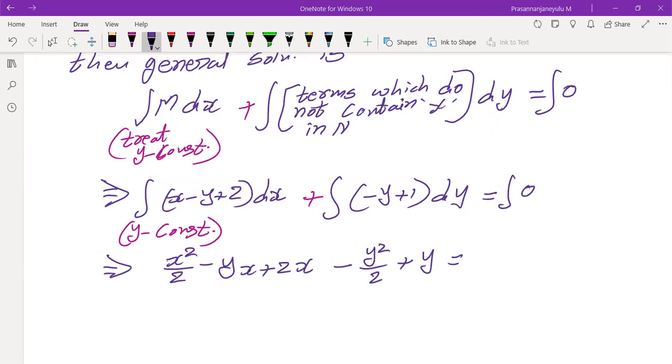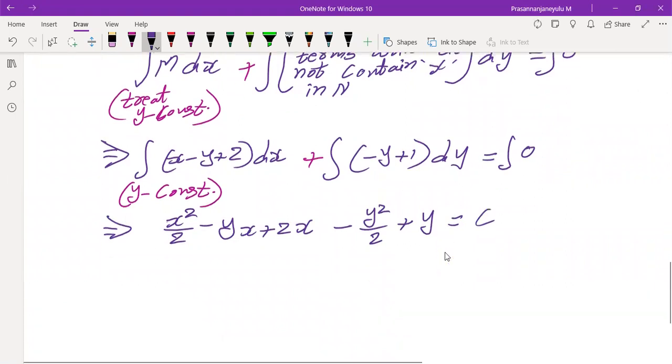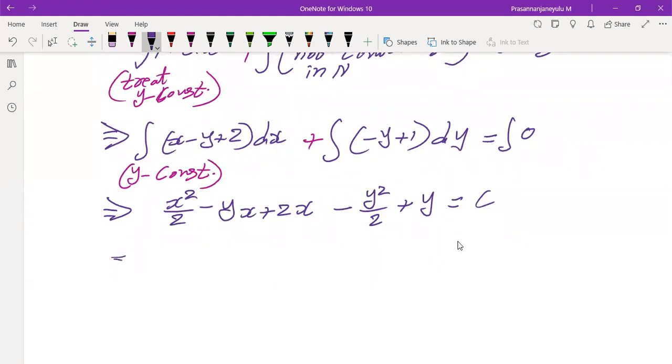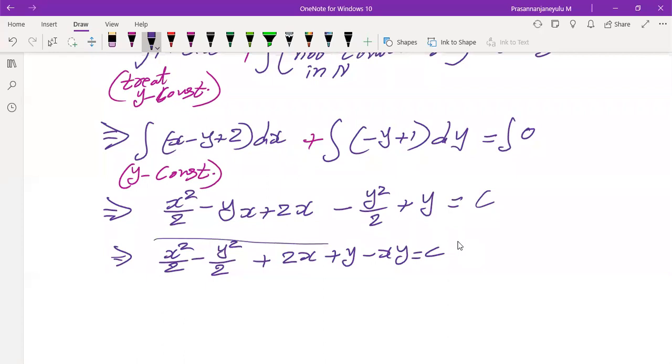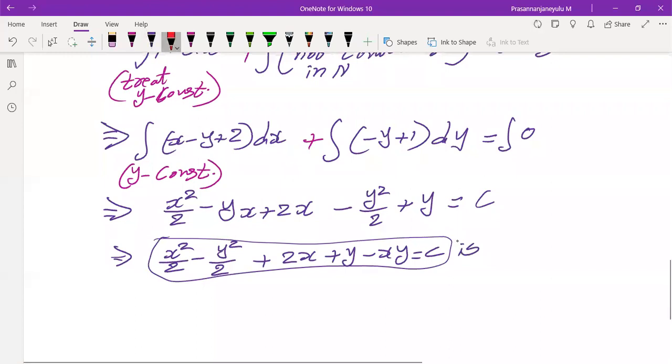Yes, integration completed. So because of that, we add plus c. Then go for one more step, write the higher orders first: x square by 2 minus y square by 2 plus 2x plus y minus xy equals c. This is the general solution of the given exact differential equation.